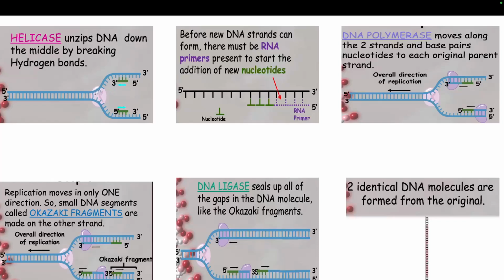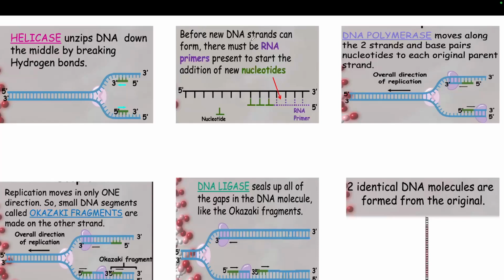Here you can see that this light pink color is the single strand binding protein. It will maintain the stability of this single stranded DNA, and it won't allow the strands to become complementary to each other again. So then helicase will come and unzip the DNA strand by breaking the hydrogen bonds.